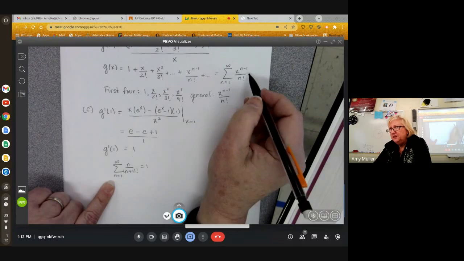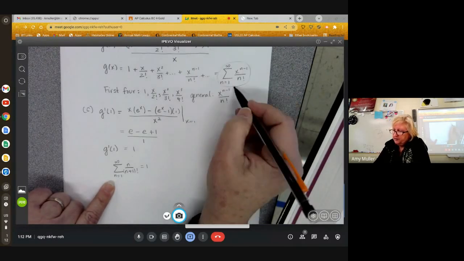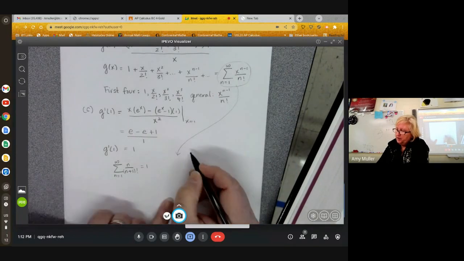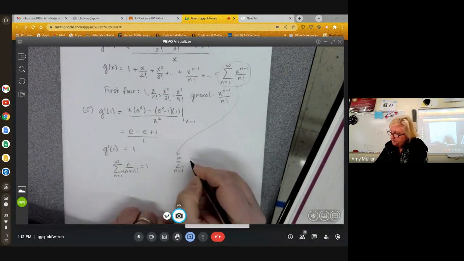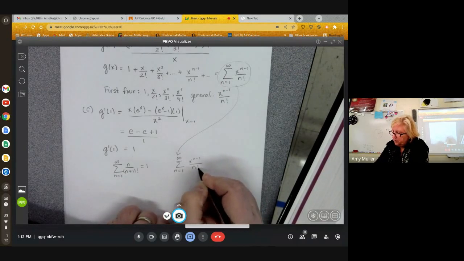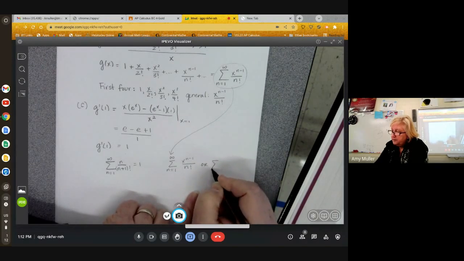So yeah, I think your way is going to work better. So I'm going to take this and bring it down here and just do a little bit of work. We're going to say the sum from n equals 1 to infinity of x to the n minus 1 over n factorial. Can I write this another way? Go ahead and tell me.